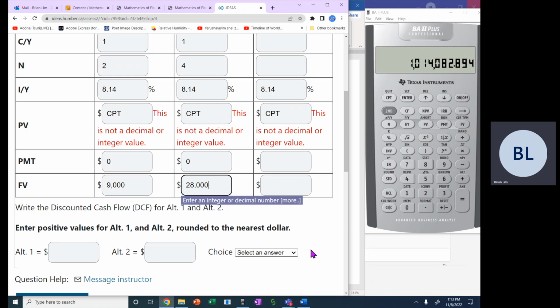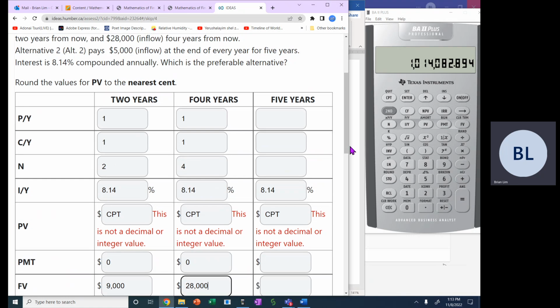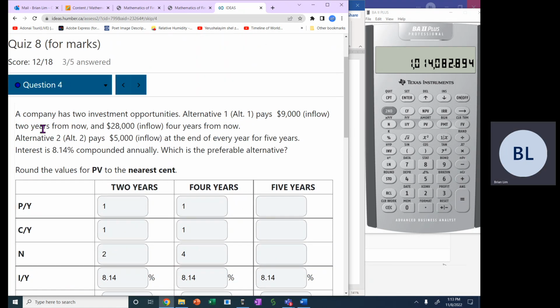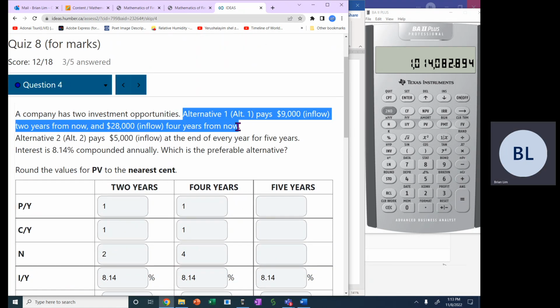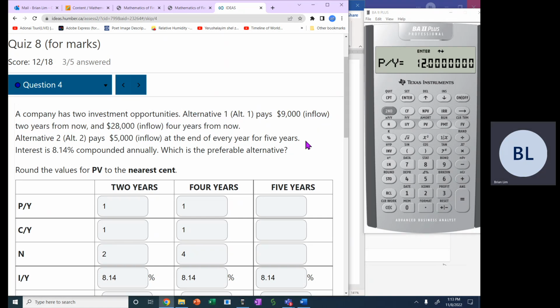So this number here would be 28,000. All right, good. So let's do these first because those are the 2 items for alternative number 1, 2 years and 4 years. So let's go. Second IY, PY should be 1. We put in 1 for PY, and CY is also 1. The first one is 2 years, right? So 2 second N, and then the interest is 8.14.